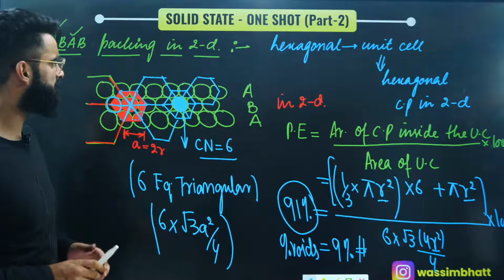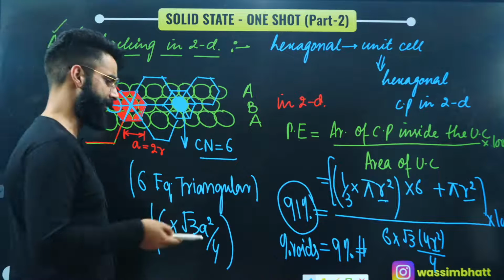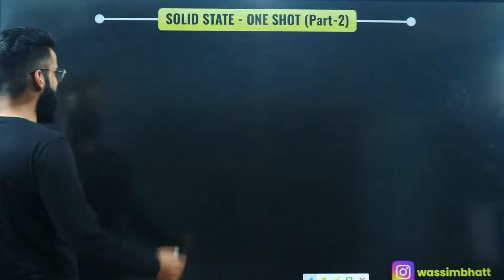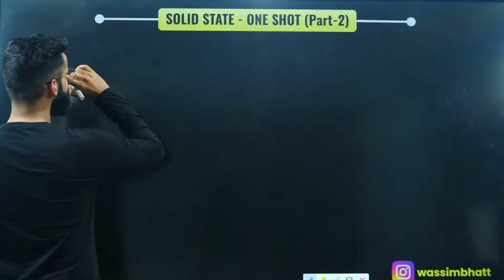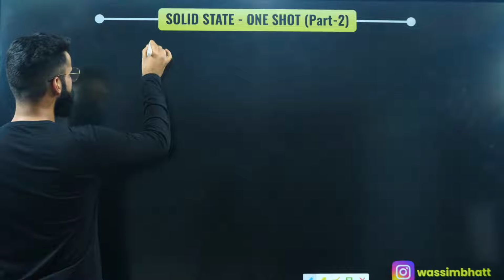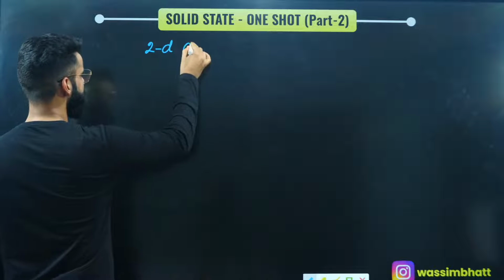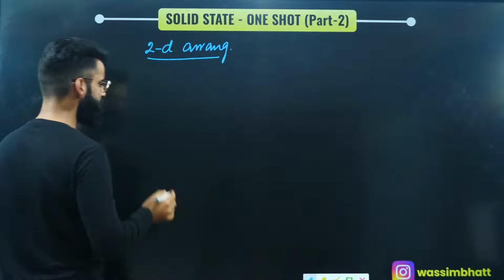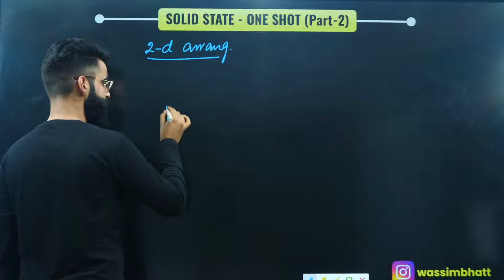From this two-dimensional close packing, a question was once asked in your JEE Advanced, right? What was that question all about? I remember the question. You were given a two-dimensional arrangement. What was the arrangement all about? The arrangement was like this. Have a look.